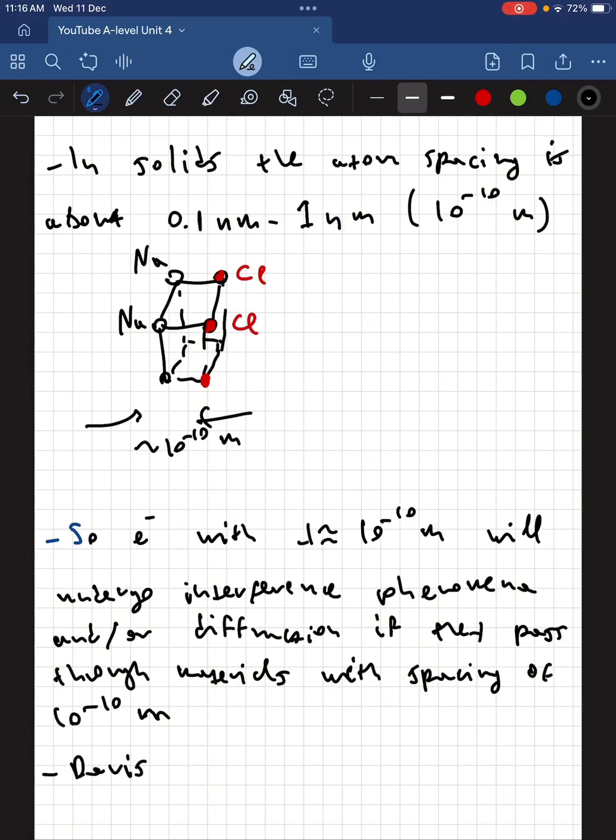So Davisson and Germer in 1927 proved that.